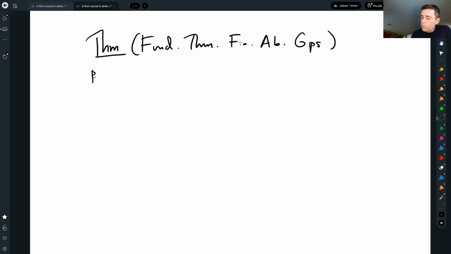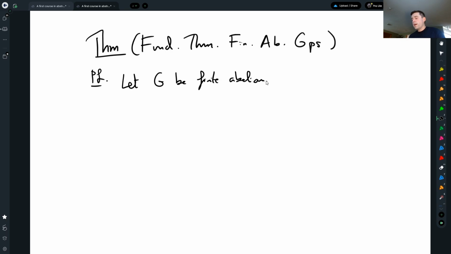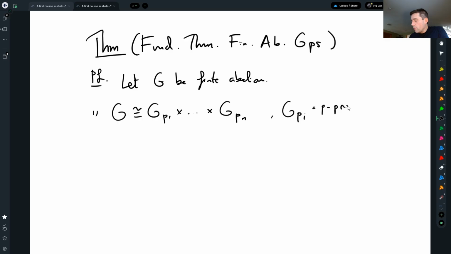And let me just do the proof. Let G be finite abelian. Then we know that step one is that G is a direct product of p-primary components, G_p1 cross up to G_pn. Each G_pi is a p-primary component, which is a p-group, a finite abelian p-group.